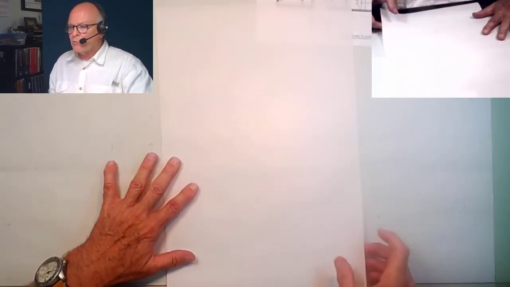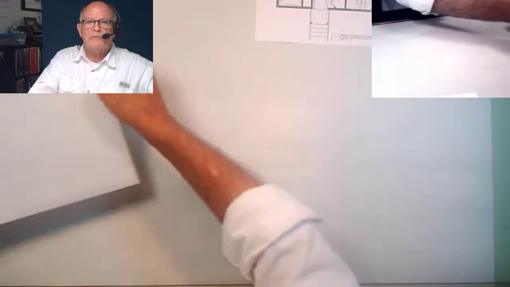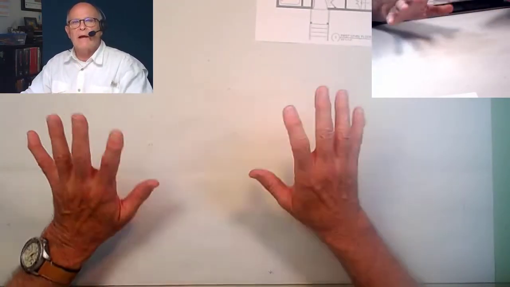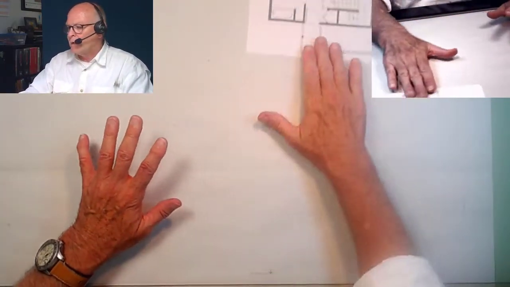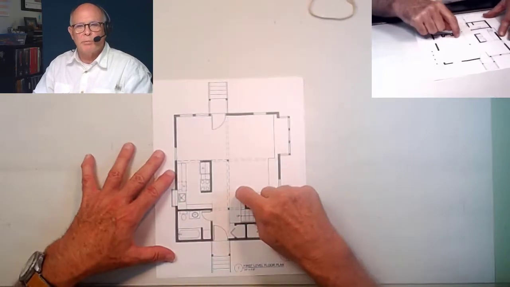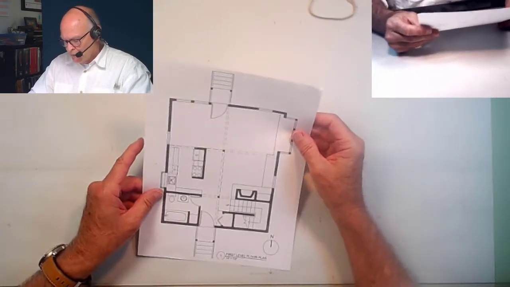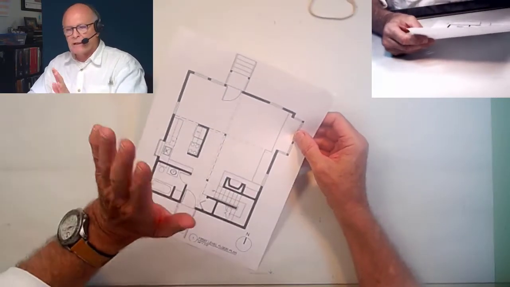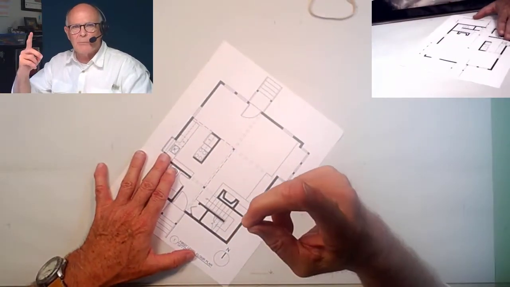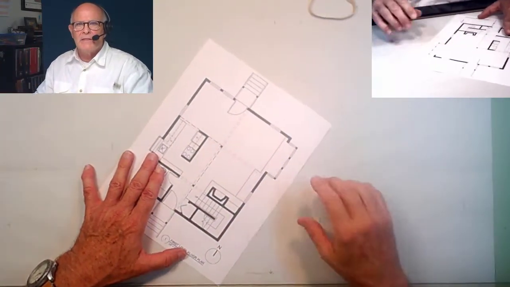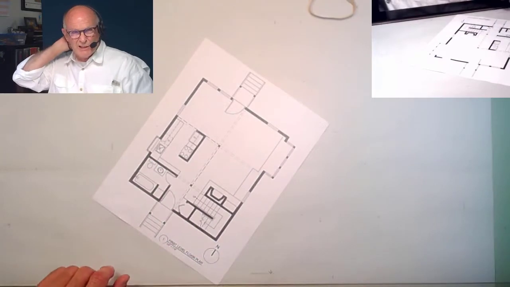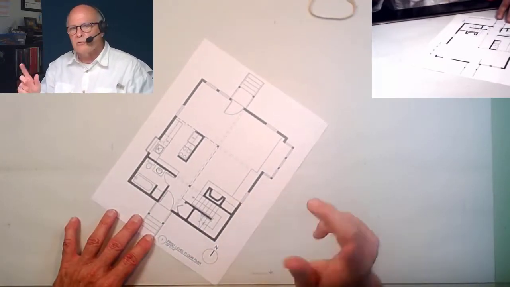As we start, it's important to understand that everything we're doing is based upon the floor plan. I'm going to use this drawing, which is a little easier for the camera to see than my rough out. It's still a little light, but this will be just fine.